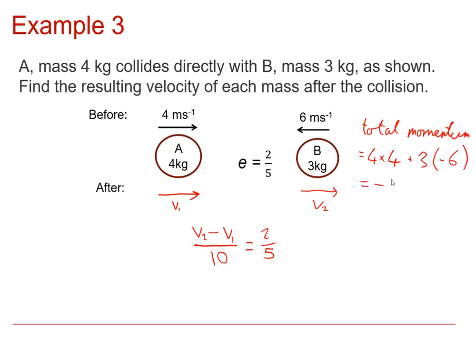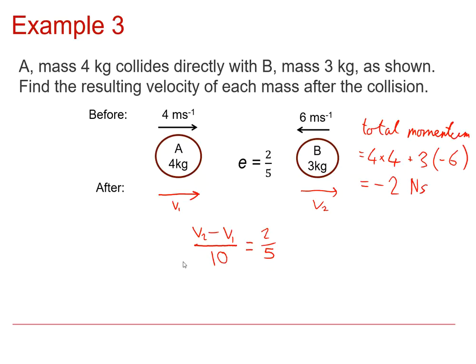Work that out, that's minus 2 Newton seconds. Now that's the total momentum, and the total momentum is conserved. Doesn't matter what the coefficient of restitution is, that tells us something about the energy, as we'll see in a later video, but the momentum has to be conserved.